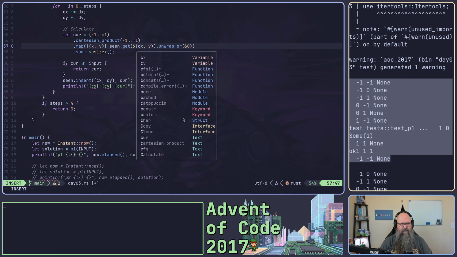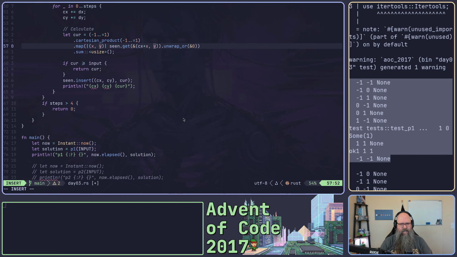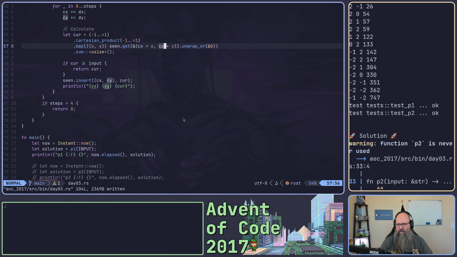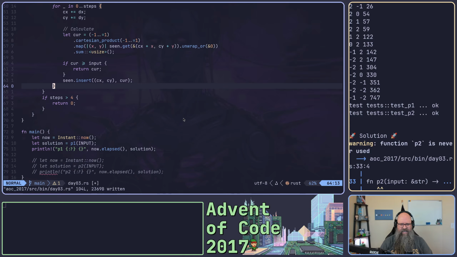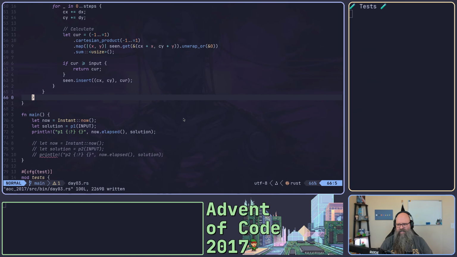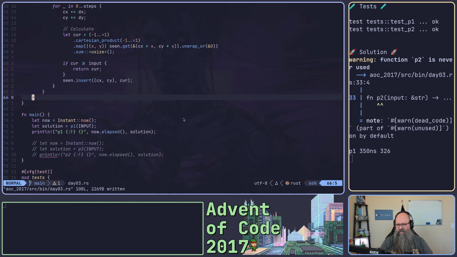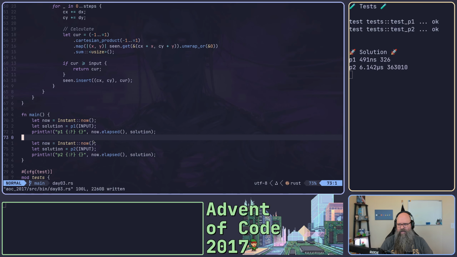These are deltas, so cx plus that and cy plus that. Oh man. Does it still solve? Yeah. Ooh, but it's taking... Oh, I didn't have a part 2. I was like, wow, it's taking very long to solve. Is that right? Okay.